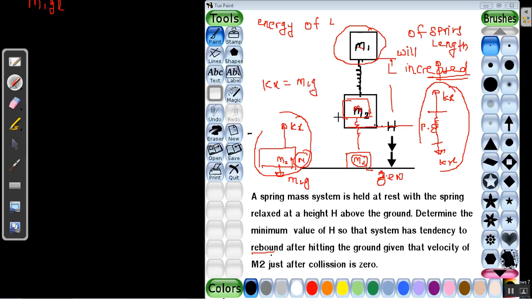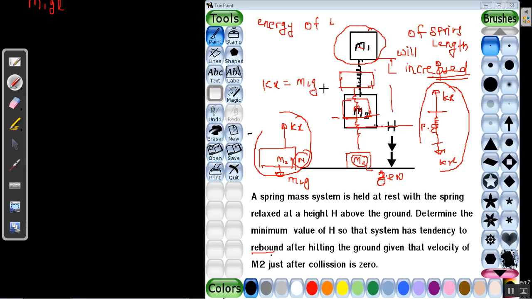This is the h, so m1 will be somewhere here. Now, this is the maximum displacement. You should think about why.